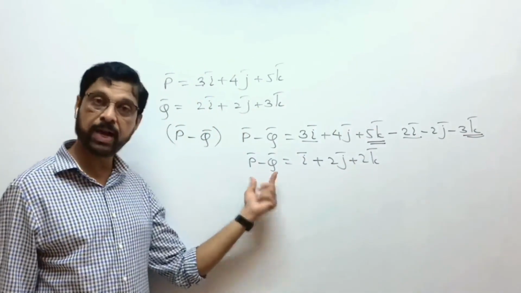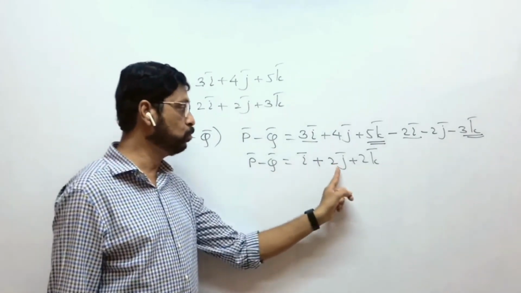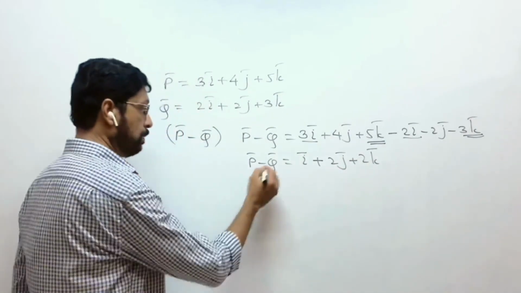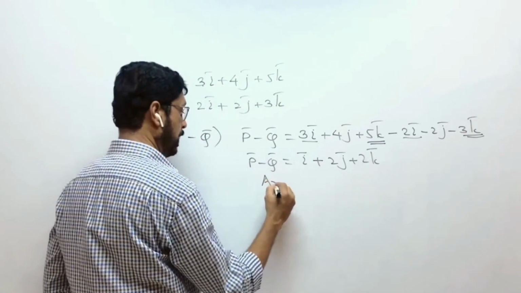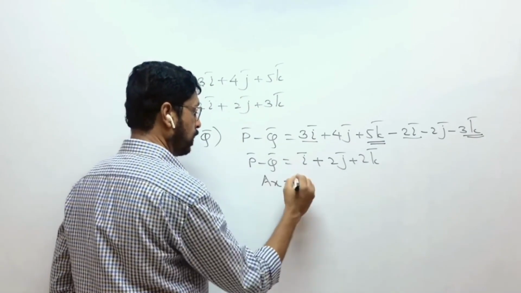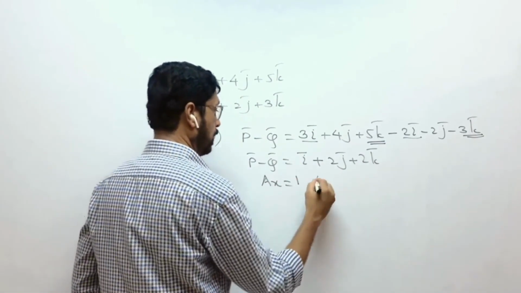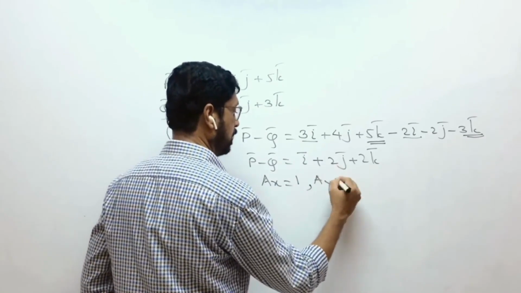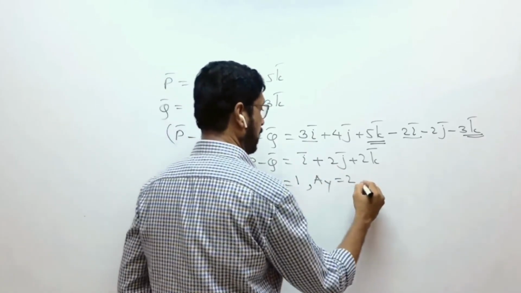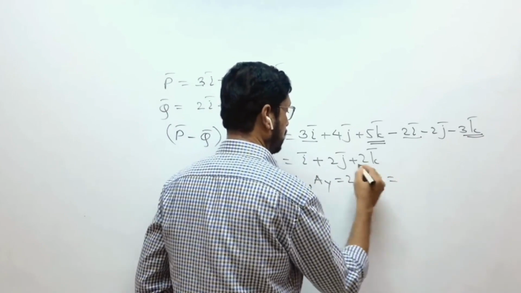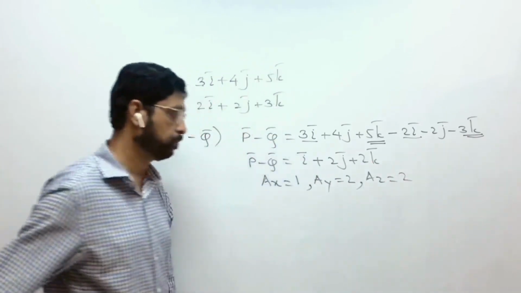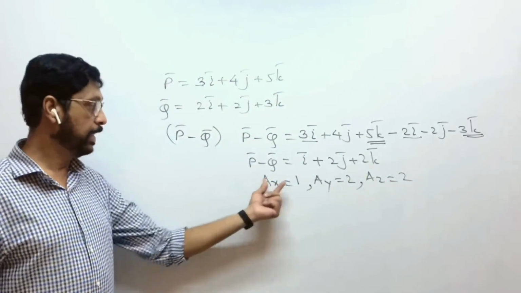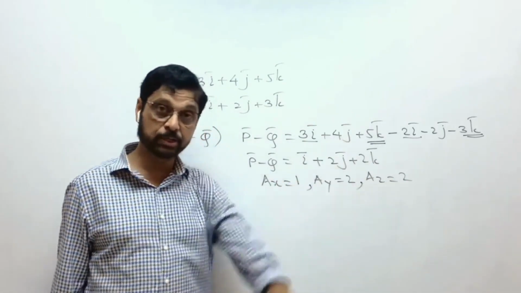So vector P minus Q is I plus 2J plus 2K. That means in this vector AX is 1, AY is 2 and AZ is also 2.